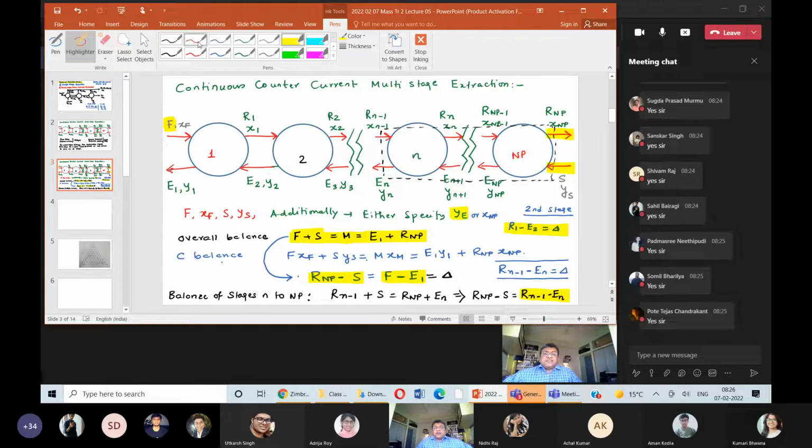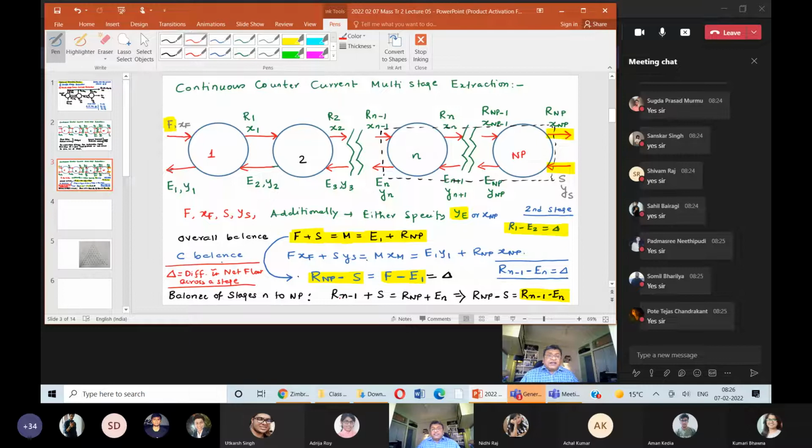So both of these, this point delta, essentially represents the difference in net flow across a stage. This is clear to all? And since it's a continuous process, there is no accumulation. So this difference across any cell or any stage is going to be constant.